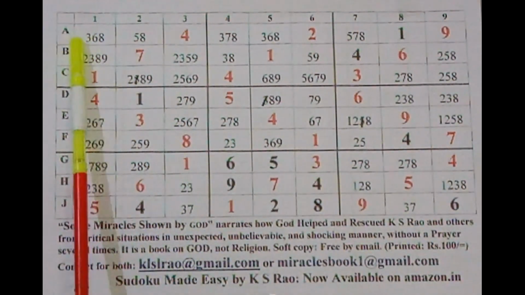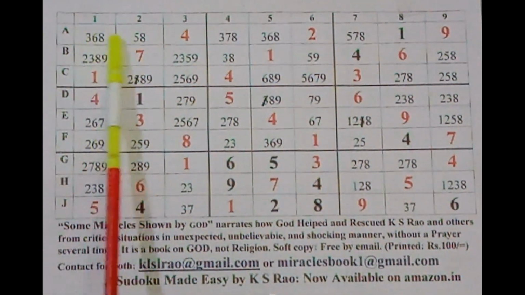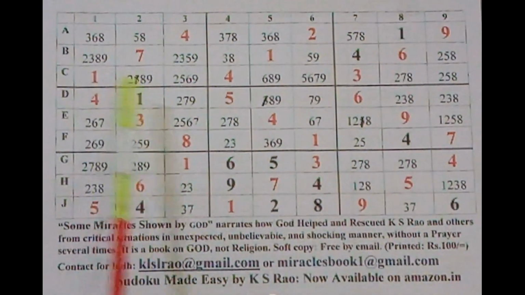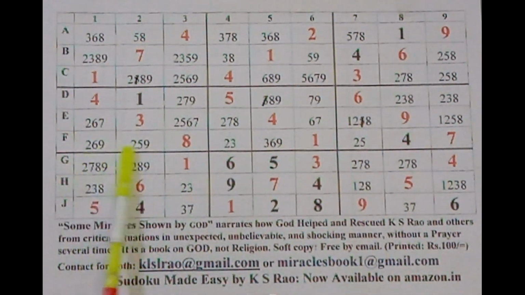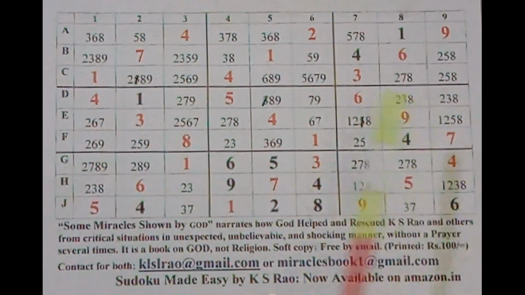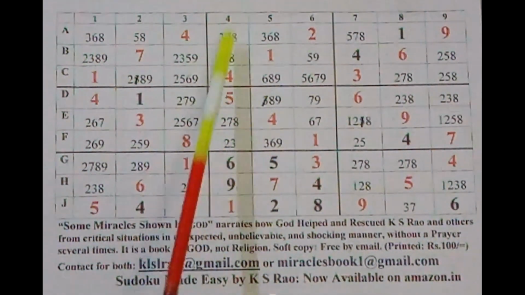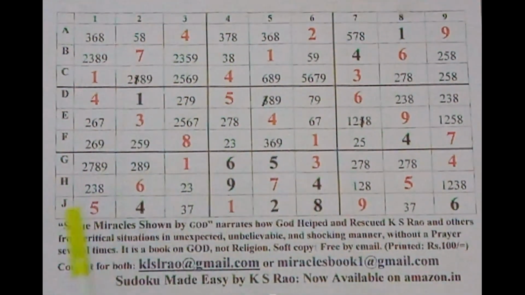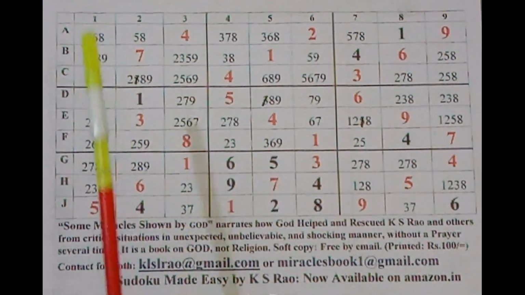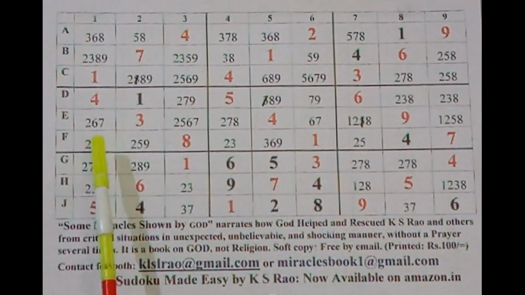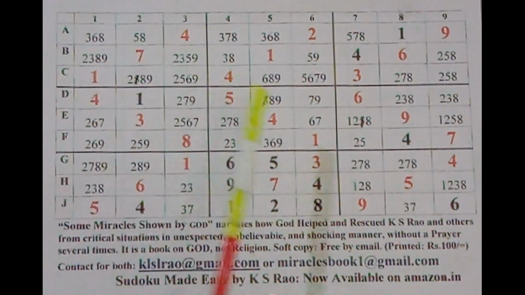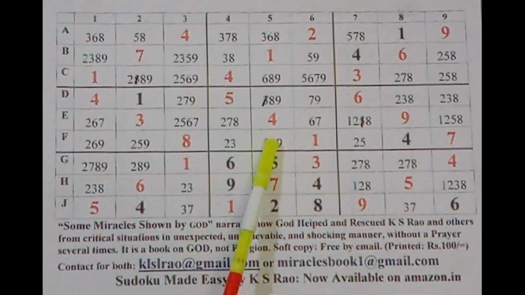Importantly, this number 6 does not occur anywhere else in this row, and similarly this number 6 does not occur anywhere else in this row. Therefore, like we have discussed the earlier X ring, number 6 has to be either here or here, in which case it is here, the number 6 has to be here.